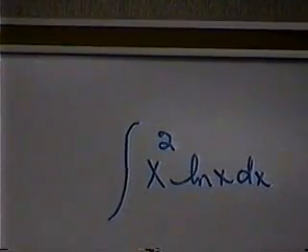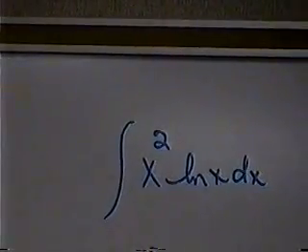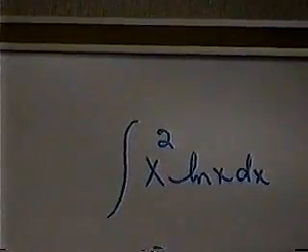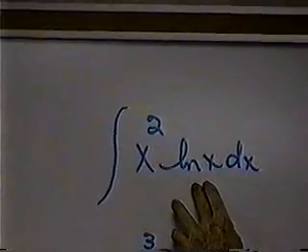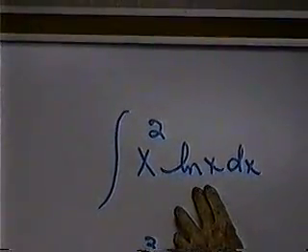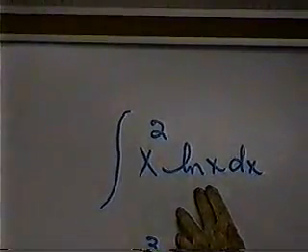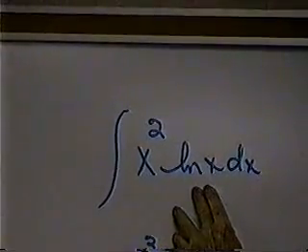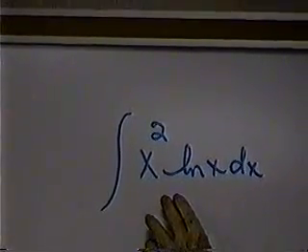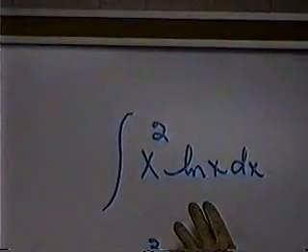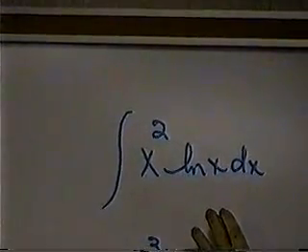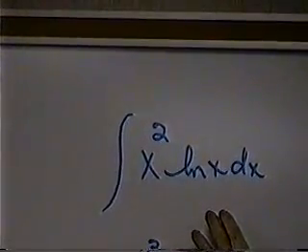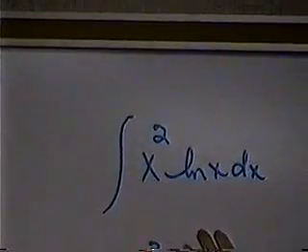I gave you the rule ILATE to know which one comes first, but there's also a reason. You don't let the log of x be the dv part because you don't know its integration. So you have to put some part in here that you know you can integrate for the dv part. The u part you're going to take the derivative of.